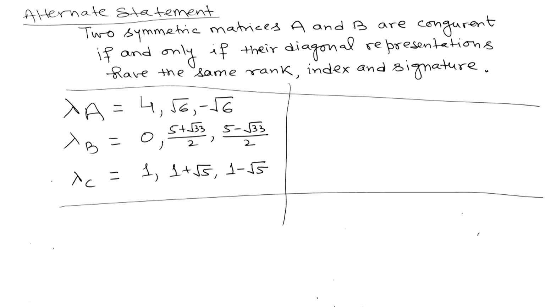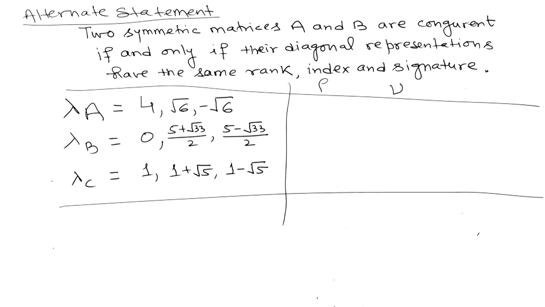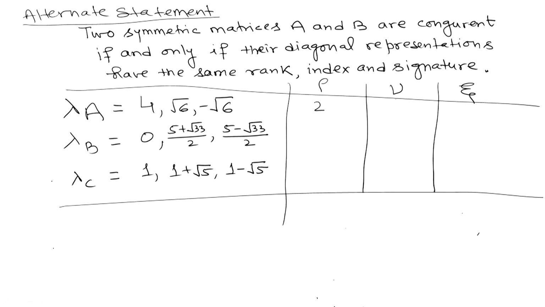If you go by the earlier statement of Sylvester's law of inertia, there I need to calculate rho, nu and zeta. Rho is defined as the number of positive eigenvalues, so here it is 2; nu is the number of negative eigenvalues, which is 1; and zeta is the number of 0 eigenvalues, which is 1.